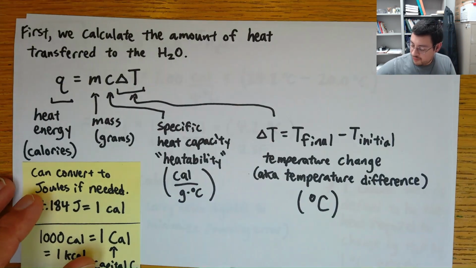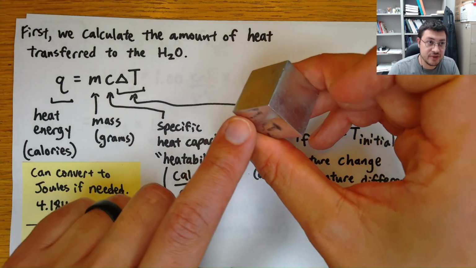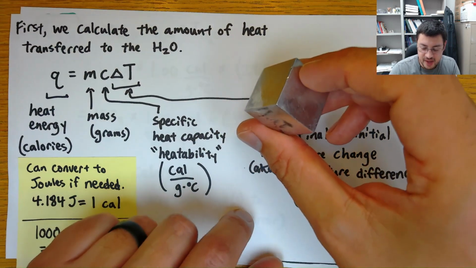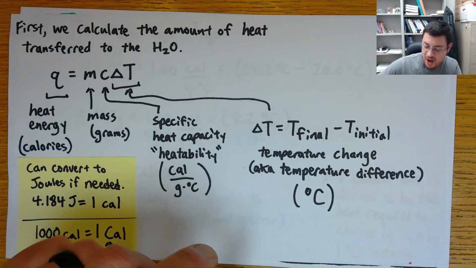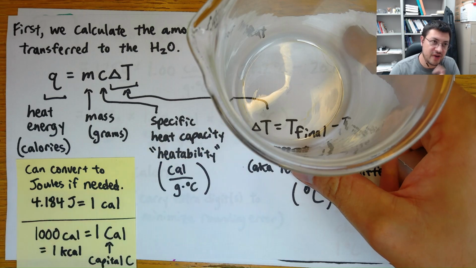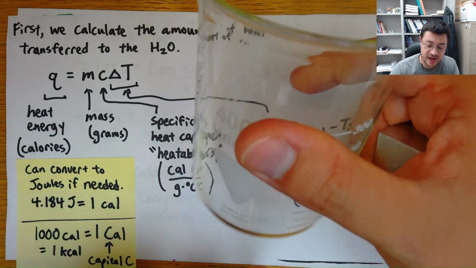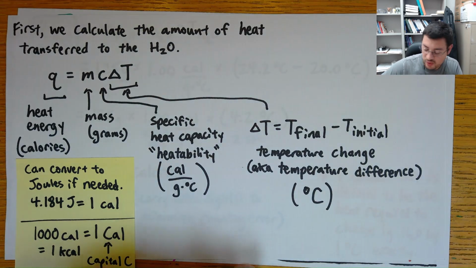So the first thing we want to do is, again, we're pretending we heated up this metal to 80 degrees Celsius, and we're going to measure how much heat is transferred when we drop it into 125 grams of water in this beaker. How much heat is absorbed by the water?